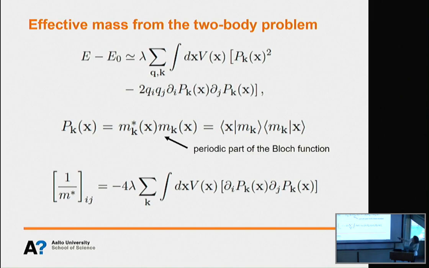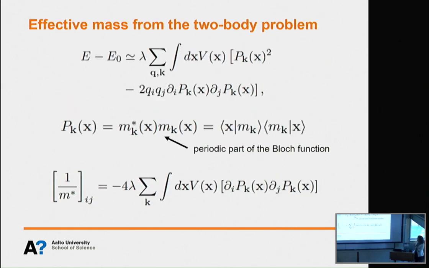So this is the binding energy, and you see here is q times q, so this is the inverse effective mass. It's written here. Effective mass is now given by derivatives of this kind of projector which just contains the Bloch functions. So these Bloch function derivatives will tell you whether there is a dispersion for the pair.